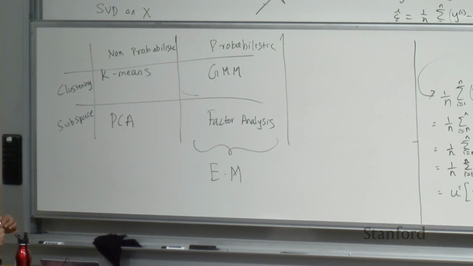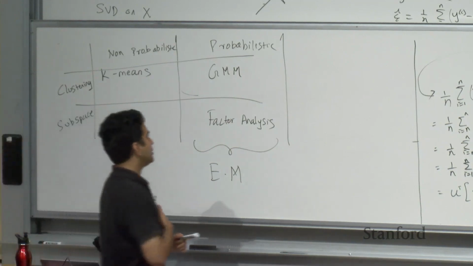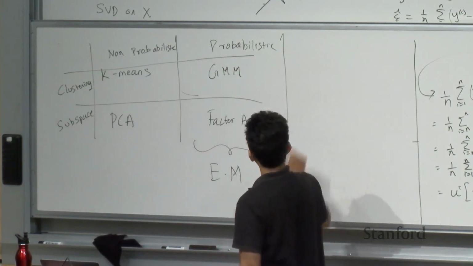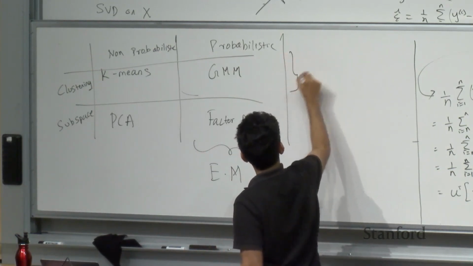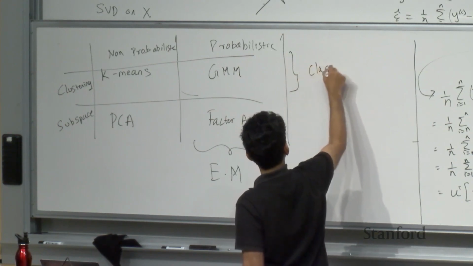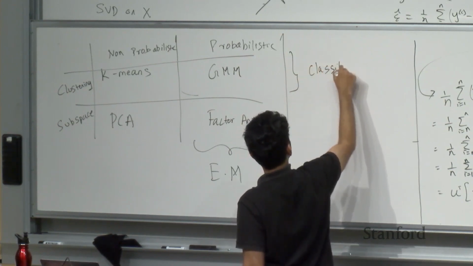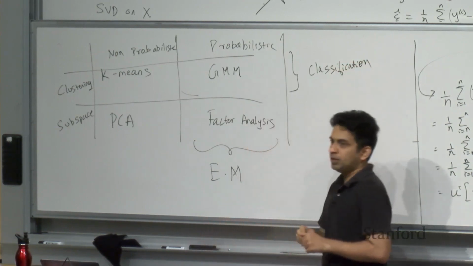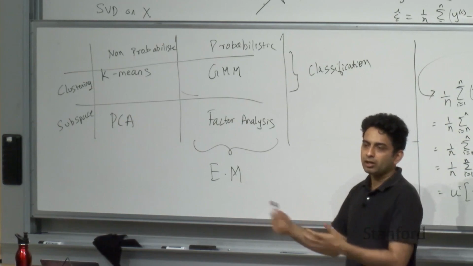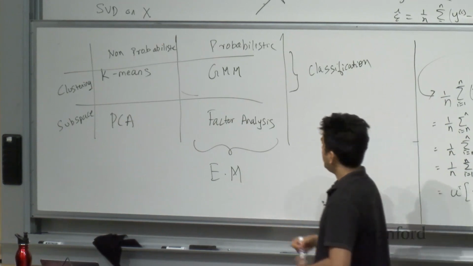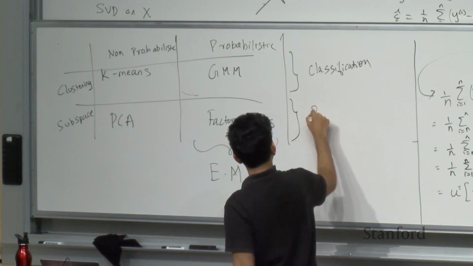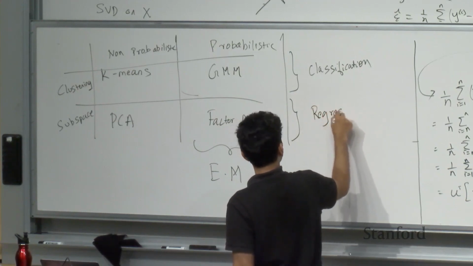And loosely speaking, this is a very loose analogy, you can think of clustering problems as the counterpart of classification problems from supervised learning. You can think of them as classification problems where you're not given the labels, and you can think of these subspace finding problems as the counterpart of regression problems from supervised learning.